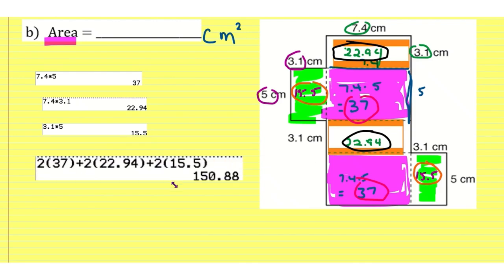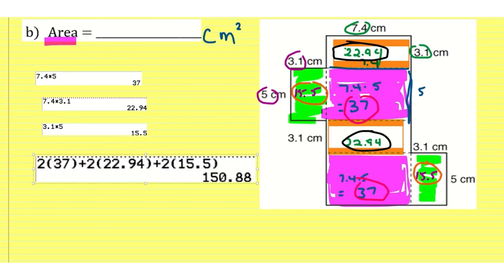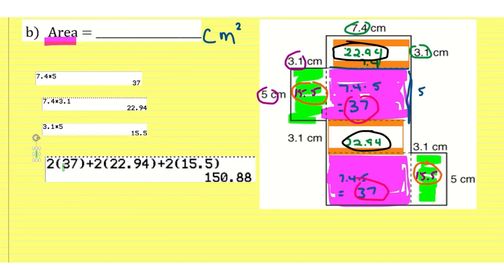So I have two 37s right there, and two 22.94s, and two 15.5s, and it gives me a grand total of 150.88. So that means that my final answer, my final area for this entire figure is 150.88 centimeters squared.